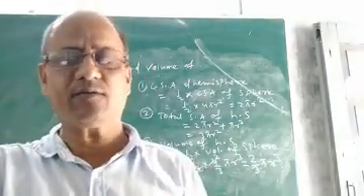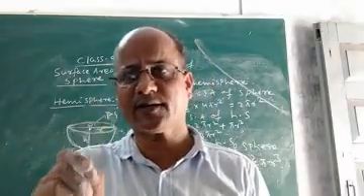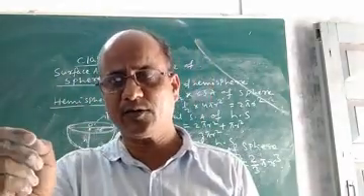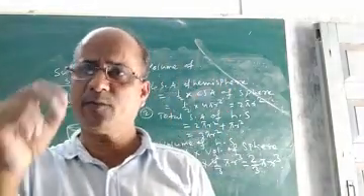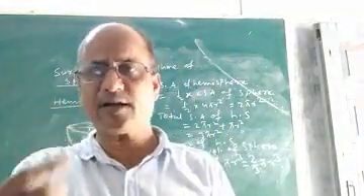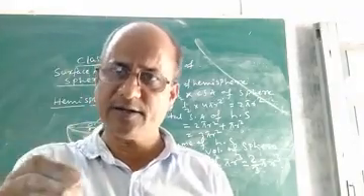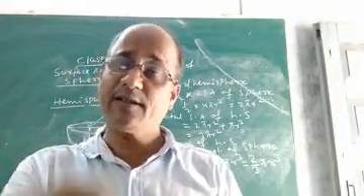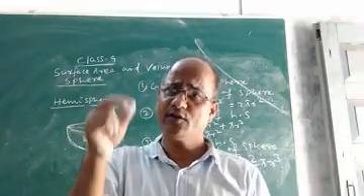So children, in this chapter, surface area and volume, we first discussed what surface area and volume are. Then in another class we discussed how to find surface area and volume of the cuboid and cube. Then we discussed the cylinder and hollow cylinder or pipe. Then we discussed the cone.